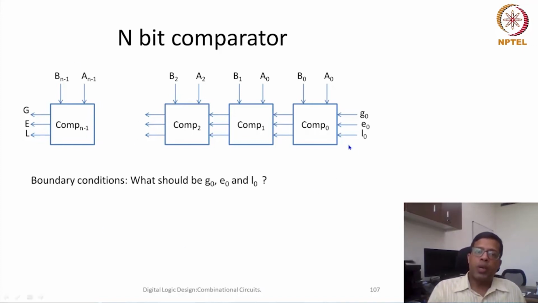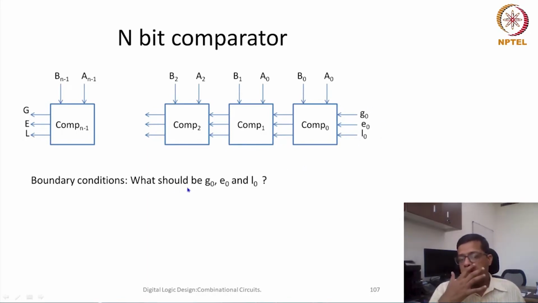One question which comes to our mind is that usually the input to a comparator is A and B, but it looks like this particular design has three more inputs, G0, E0 and L0. From where, and what should be the value of G0, E0 and L0? This we can call boundary conditions.